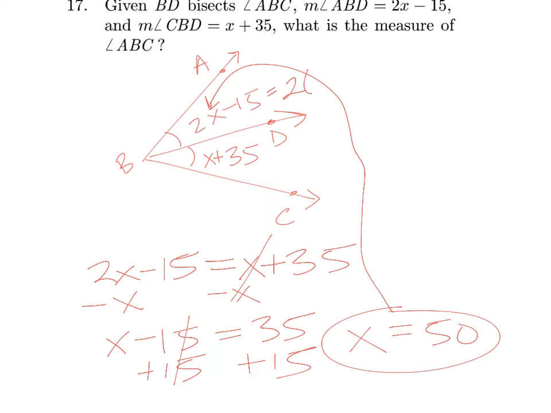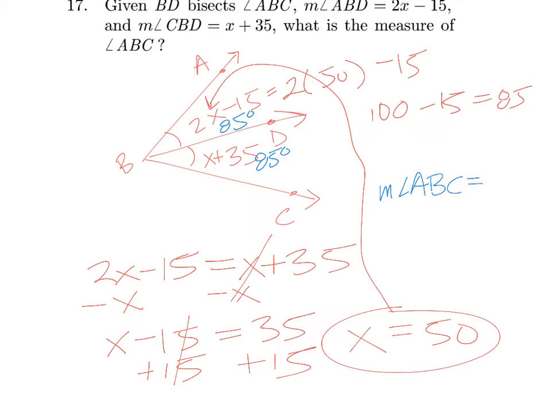I get 2 times 50 minus 15, which is 100 minus 15, which is 85. Both of these angle measures are 85 degrees. If I add them together, I get the measurement of angle ABC, which is 170 degrees. Done.